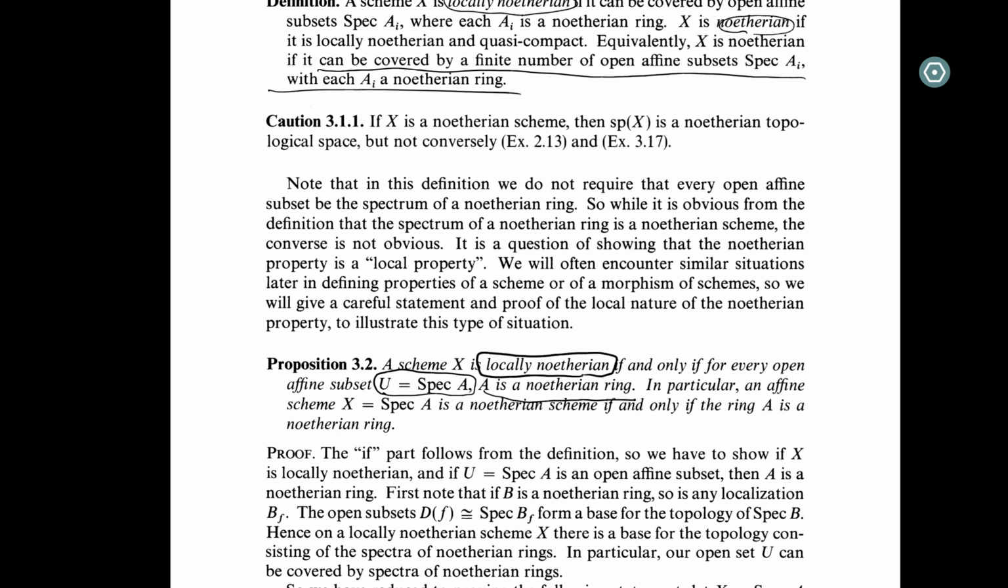So if I say let's start with a Noetherian scheme, it means any of its open affine subschemes is of the form Spec of a Noetherian ring.